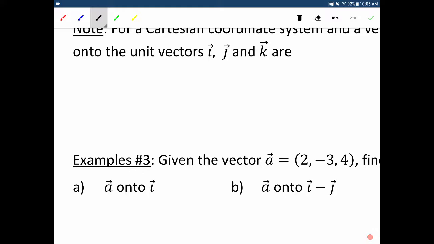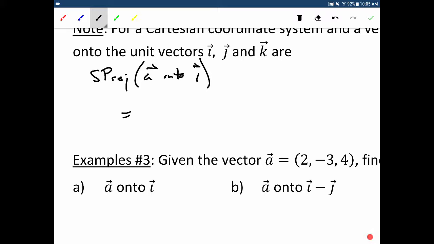So let's write this: the scalar projection of A onto i.